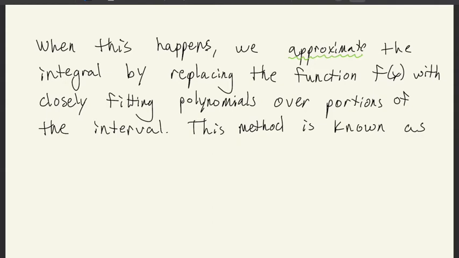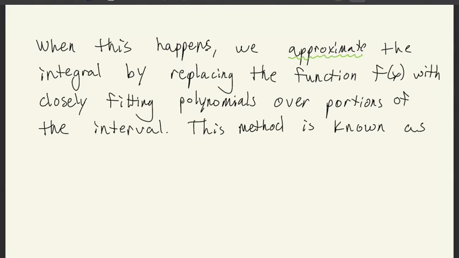So what we do when this happens, we approximate the integral. So how do we approximate the integral? Going back to Calc 1, you started off with Riemann sums. You approximated the integrals by finding the area under the curve using rectangles, and then just letting the number of rectangles get infinitely large.